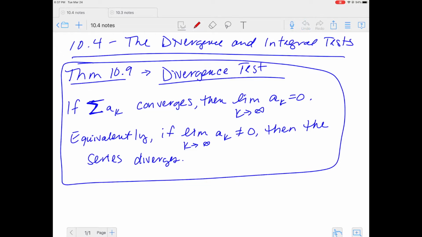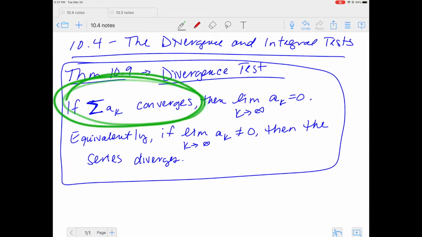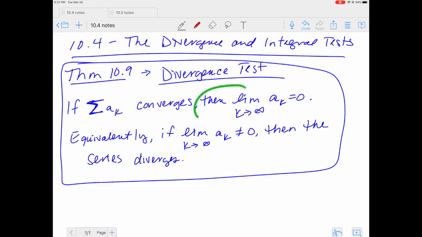No. Up here, it uses the word converges. We're saying you automatically have something that converges, so you know that to be a fact. Then your limit will equal 0. But it does not say if your limit equals 0, then it converges. No, no, no, no, no. That is not what's happening here. This is a divergence test. You are only determining if your series diverges.